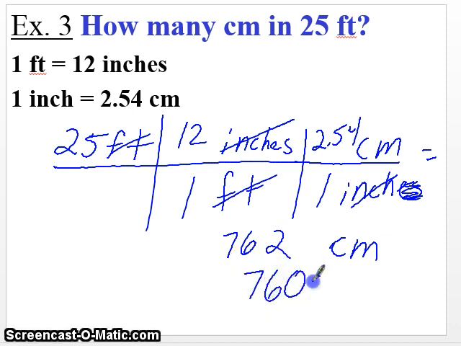It would be kind of weird to just completely change it to 76. So 760 centimeters is a more accurate representation because I didn't have 25.4 feet or 25.13 feet. I just had 25, which is a pretty rough number. And changing it to the metric system, I shouldn't misrepresent it by having many more digits. So that's why we show it as 760 centimeters.